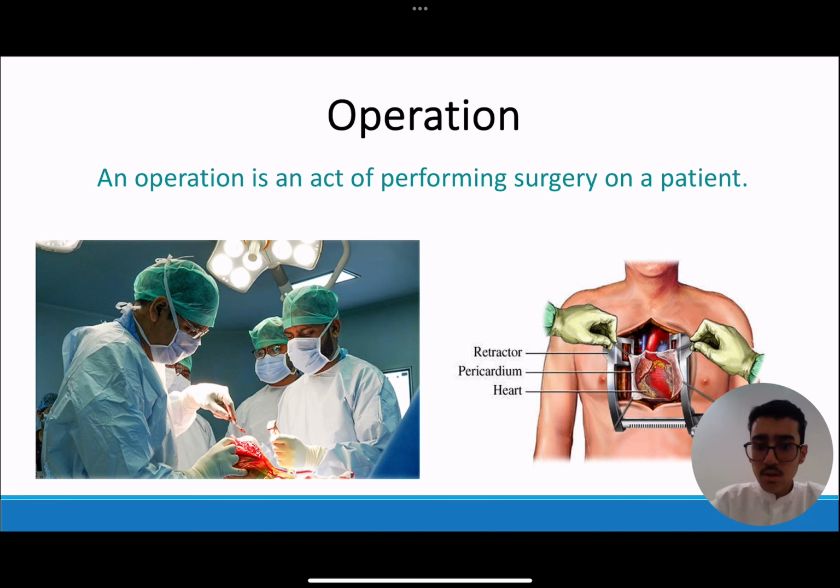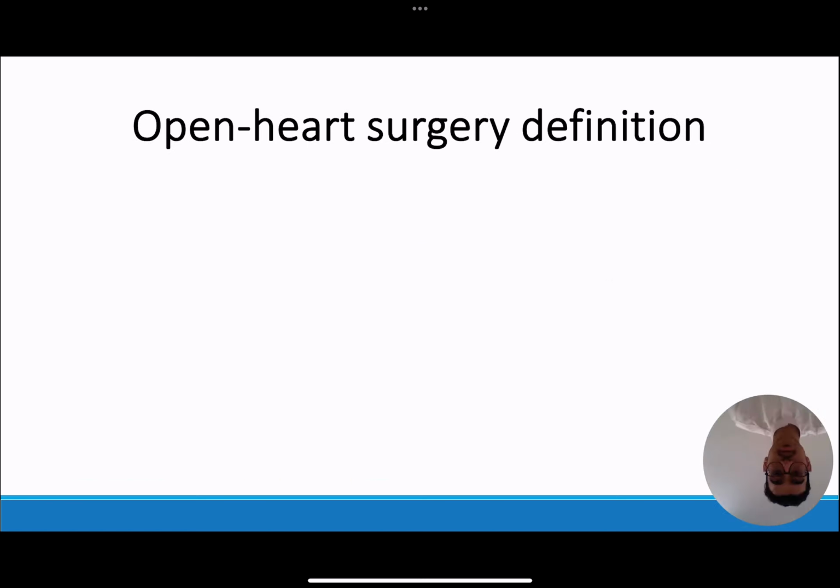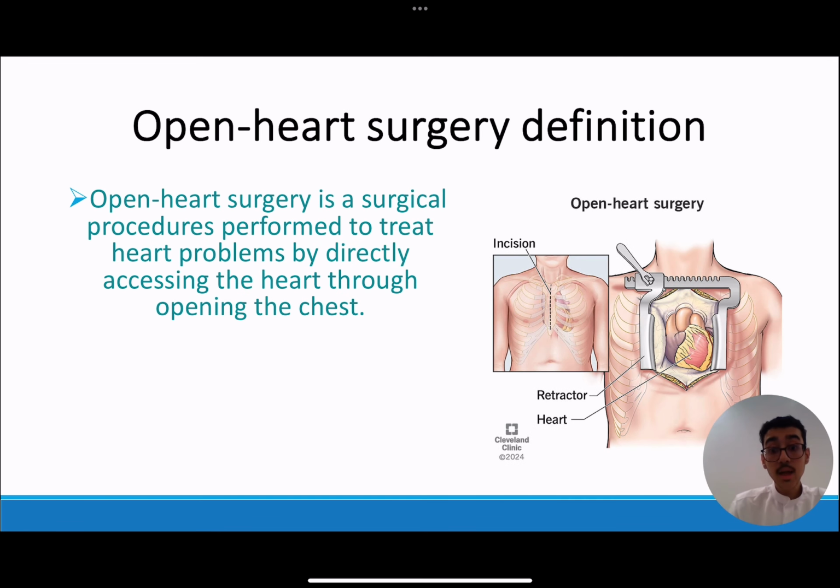And now let's talk about open heart surgery. An open heart surgery is a surgical procedure performed to treat heart problems by directly accessing the heart through opening the chest.